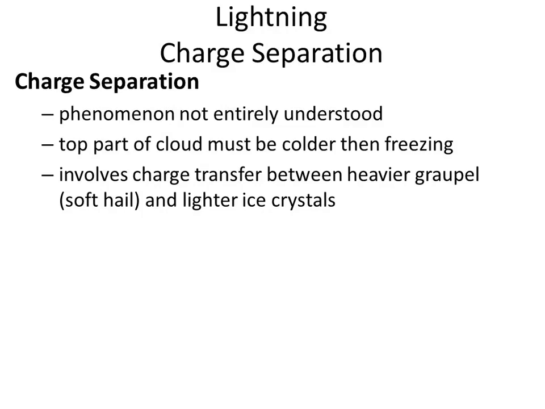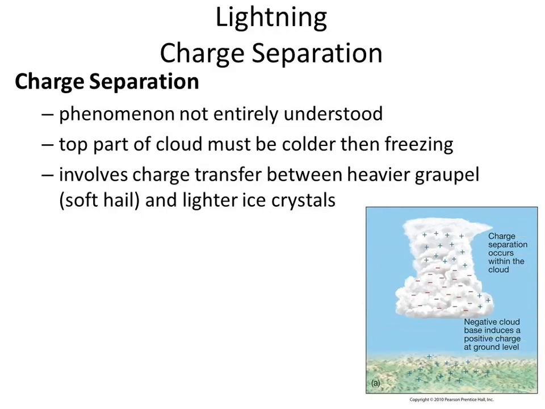That's kind of what's going on within a cloud to give us our cloud-to-cloud lightning and our cloud-to-ground lightning. You see the negatives, which means there's extra electrons there. The positives means that they're missing electrons. How does that happen? The answer is they're not really entirely sure. But when they look at ice crystals, as in snow, they tend to be lighter and can float to the top and have a positive charge.